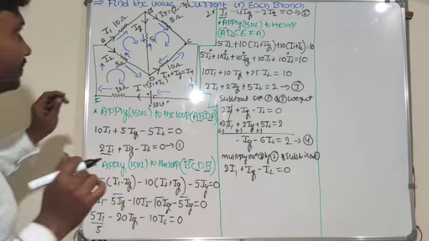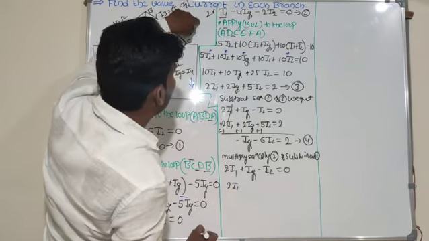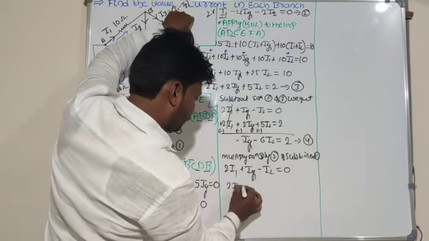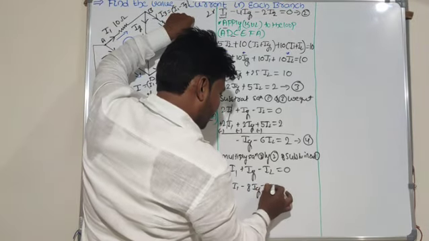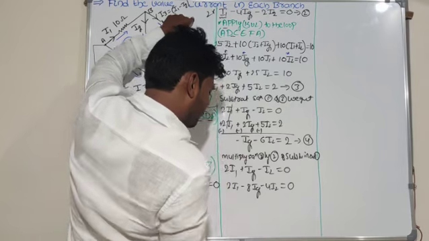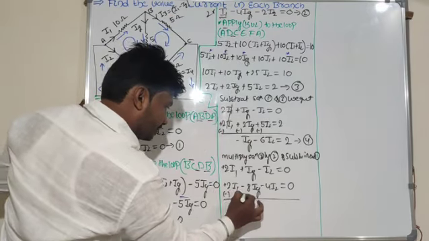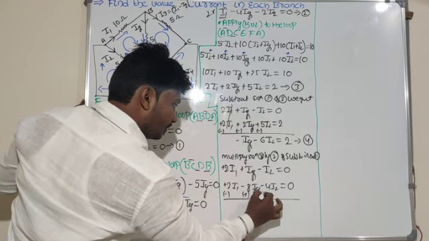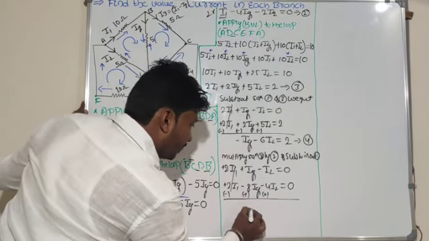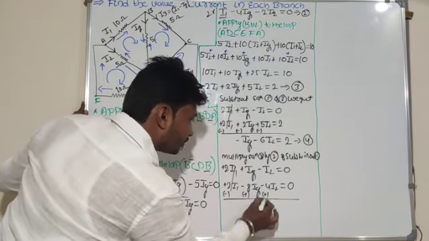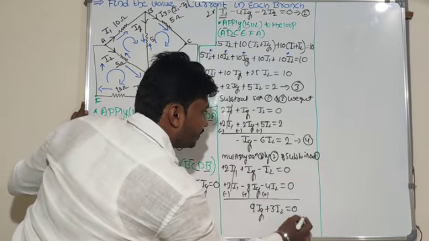Okay, everything is fine. Now 2I1 minus 2 into 4, minus 8Ig, minus 4I2, it is equal to 0. Next, again plus, here minus, here plus, here plus, getting cancelled out here. Next one, 9Ig, next one plus 3I2, it is equal to 0.